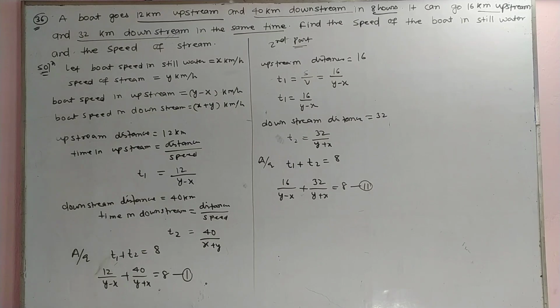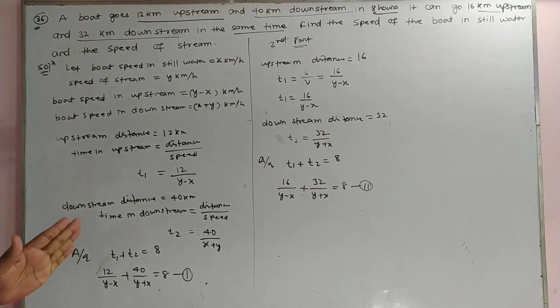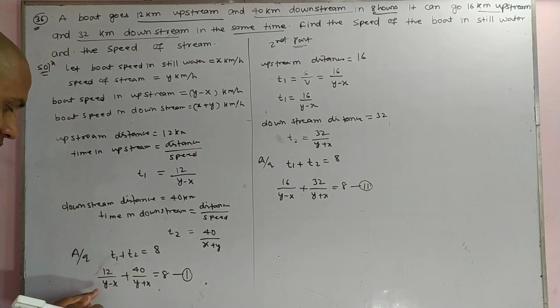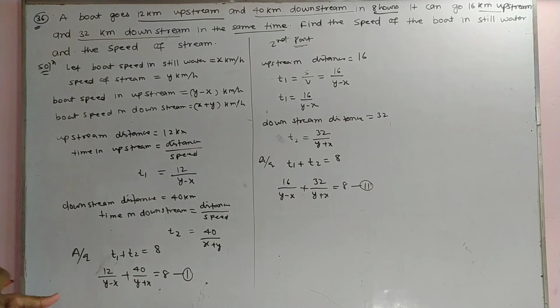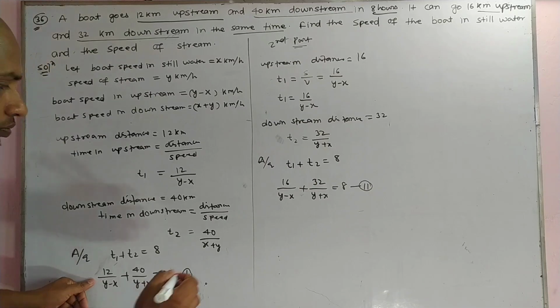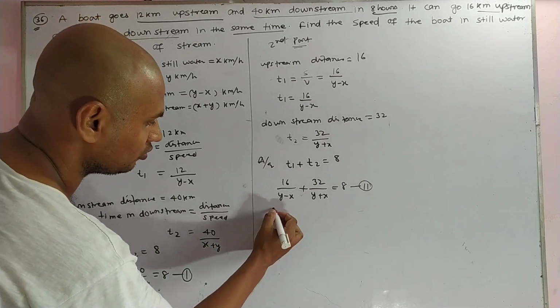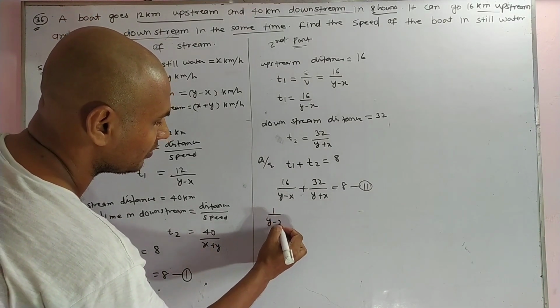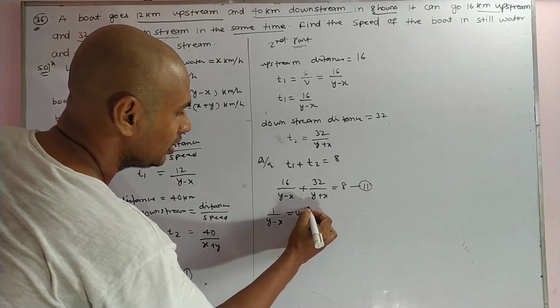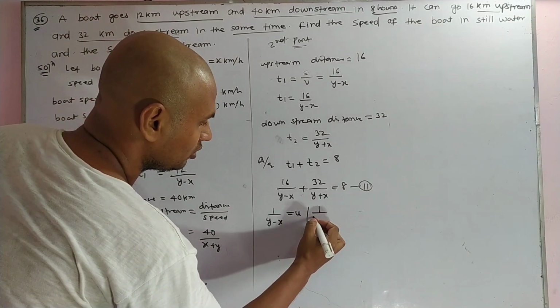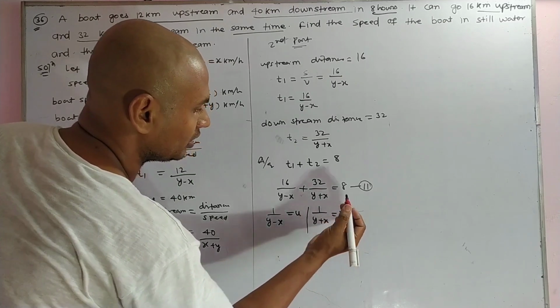Okay, again, you can assume that 1 upon y minus x equal to u, and 1 upon y plus x equal to v.